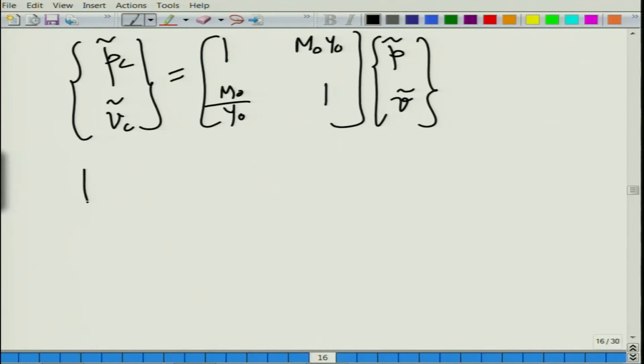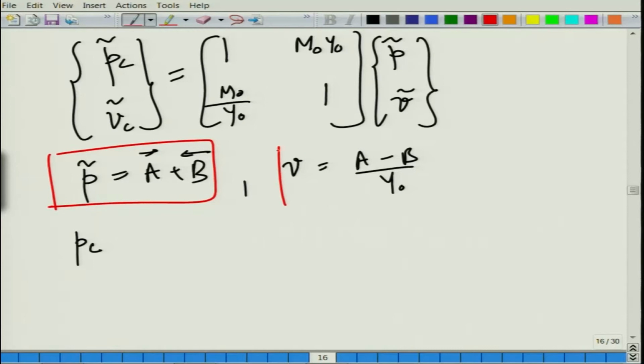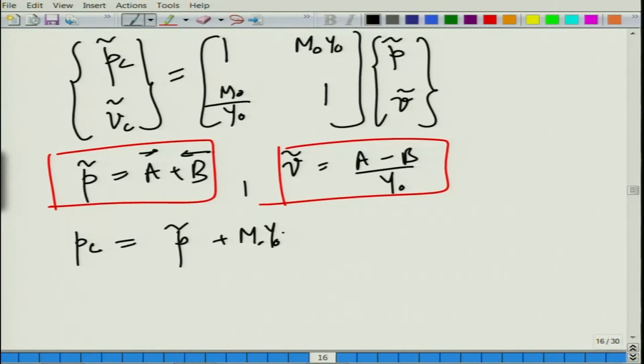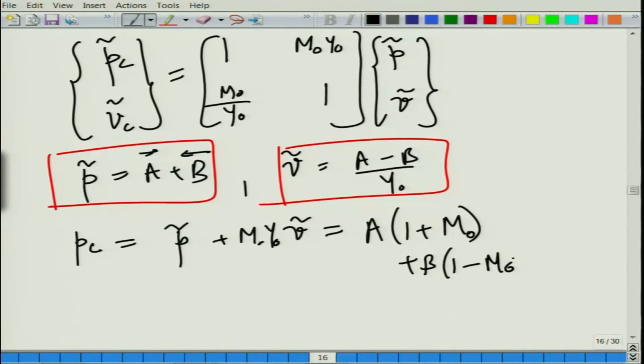We will basically put P as usual, the usual business, A plus B, forward wave, backward wave, and setting the coordinate system 0 at that point, and V is nothing but A minus B by y naught. So, when we do all those things and use these relations in the box here, we will get P tilde plus m naught y naught V, we will get after some algebra, and B times 1 minus m naught.